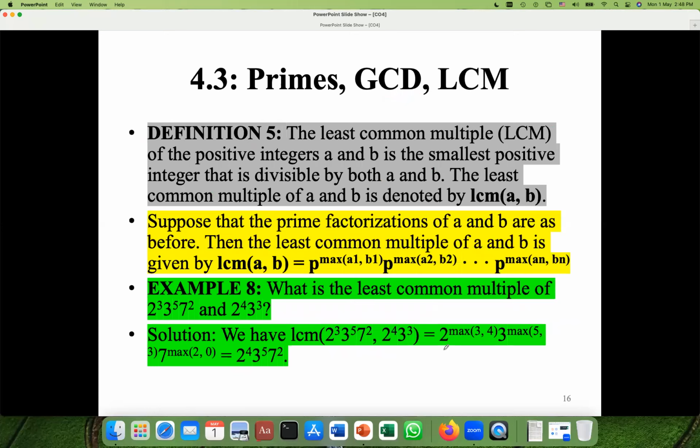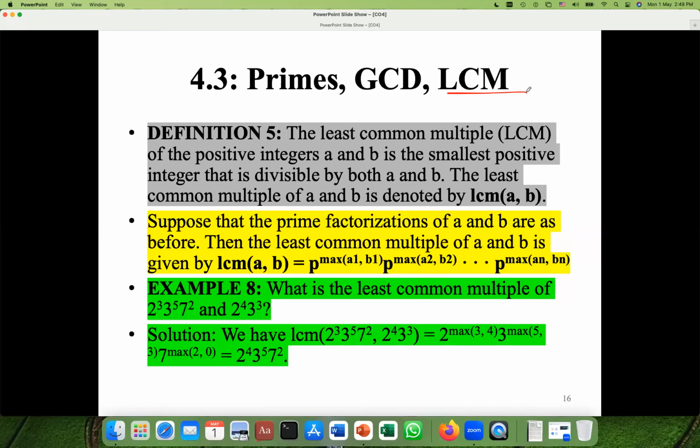Definition 5. LCM, least common multiple. What are the multiples of 6? You can say 2 and 3 are... Anyhow, least common multiple.